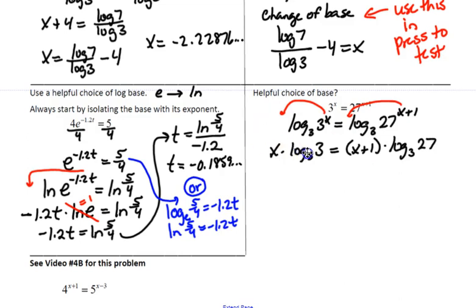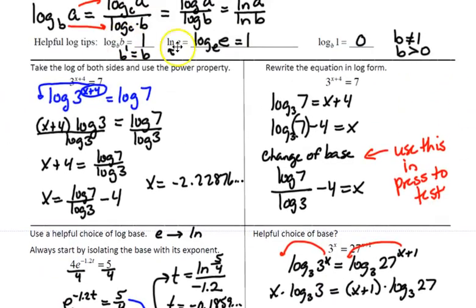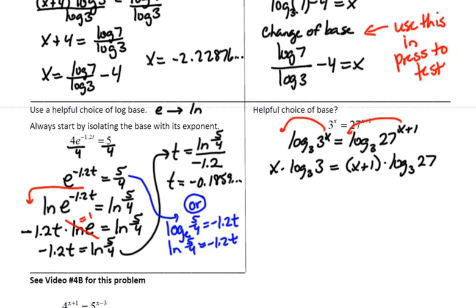So log base 3 of 3, if we think about log base 3 of 3 equals what? We're saying 3 to what power gives me 3? That's just 1. Remember that in our helpful properties up here, log base b of b just equals 1. So this is just x times 1. And then this is x plus 1. Log base 3 of 27, 3 to what power gives me 27?